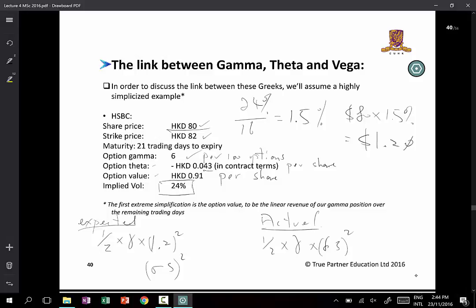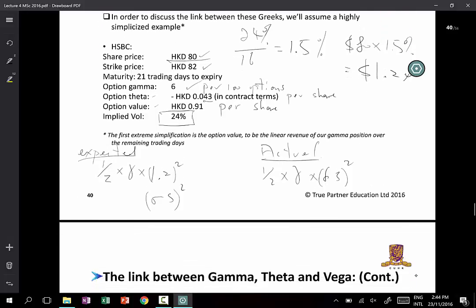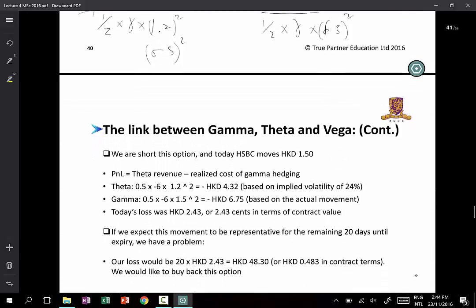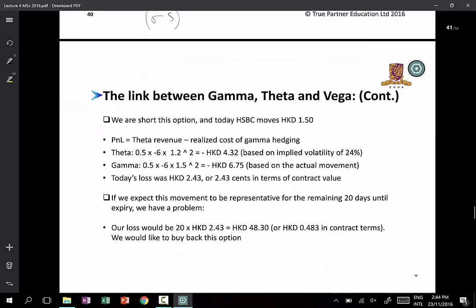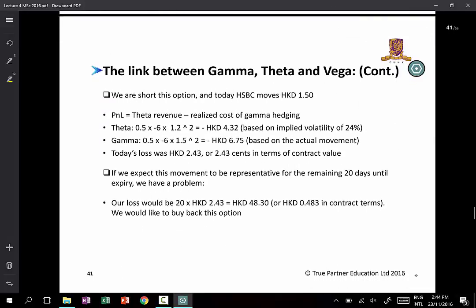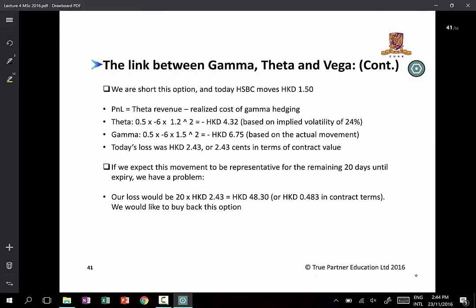And then if you turn over to the next page, we are told that today the stock actually moved not $1.20 but $1.50.